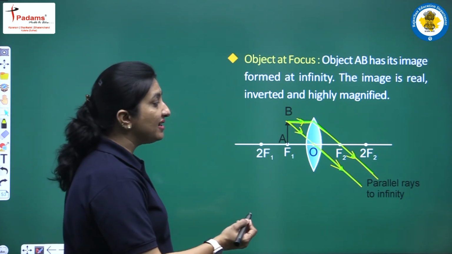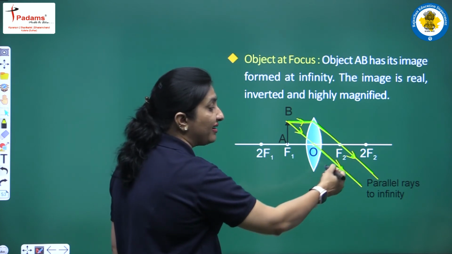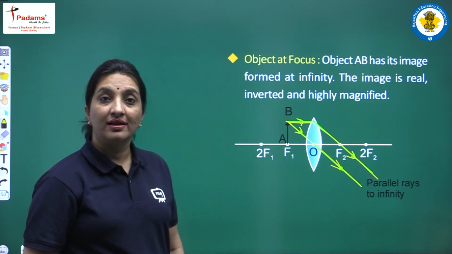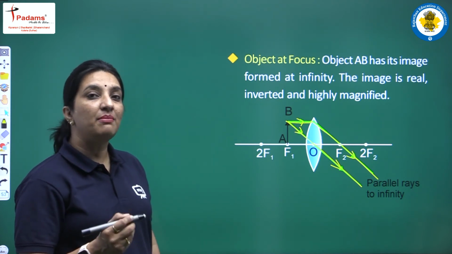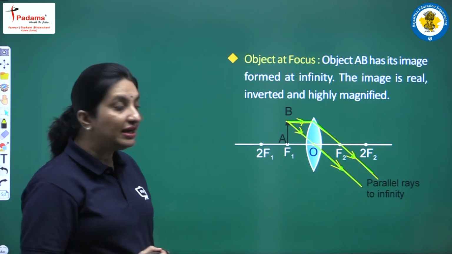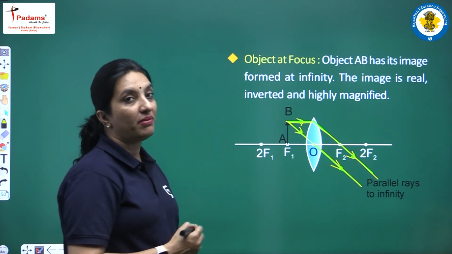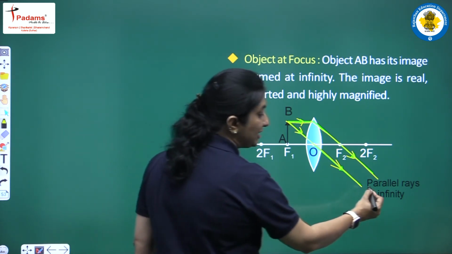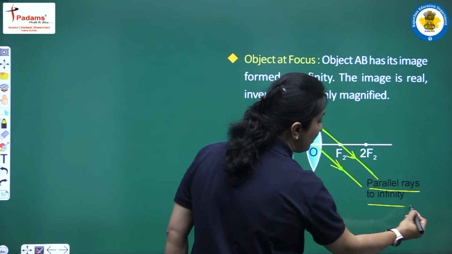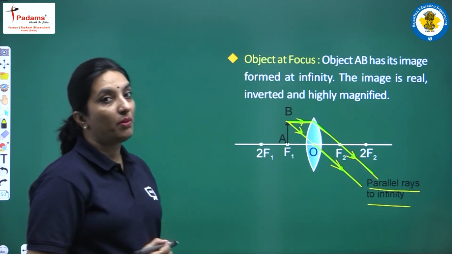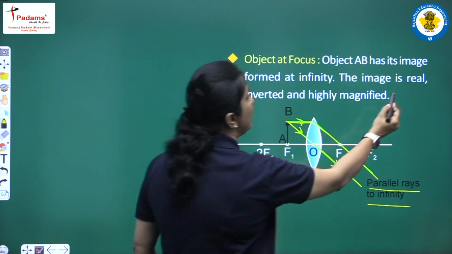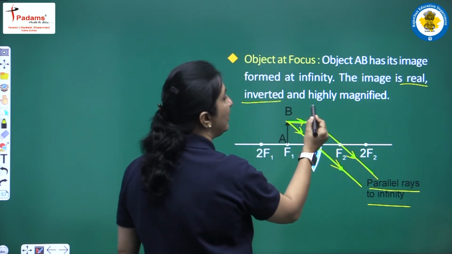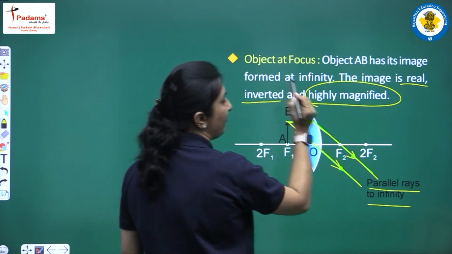So what we see here is that the two refracted rays are parallel, so they are never going to meet. So we can imagine them meeting at infinity, so the image will be formed at infinity. So these are the parallel rays to infinity, so the image is formed at infinity. So the image is real, inverted and highly magnified.